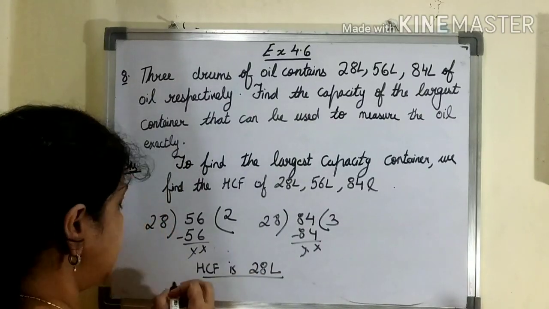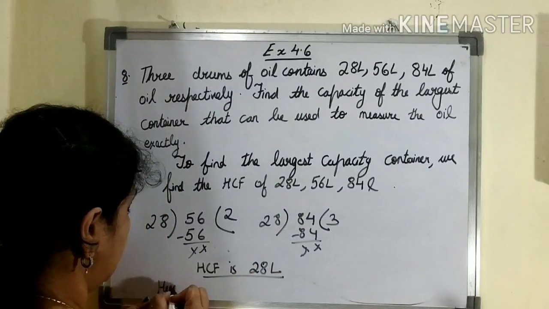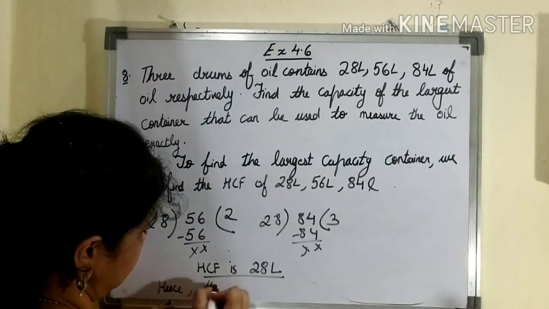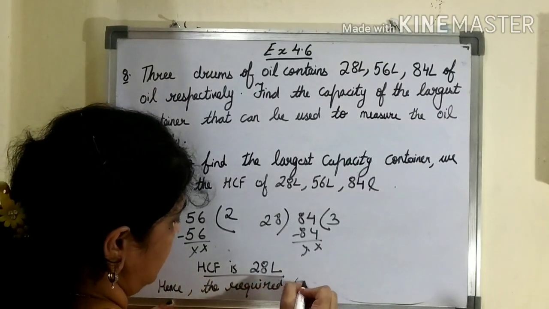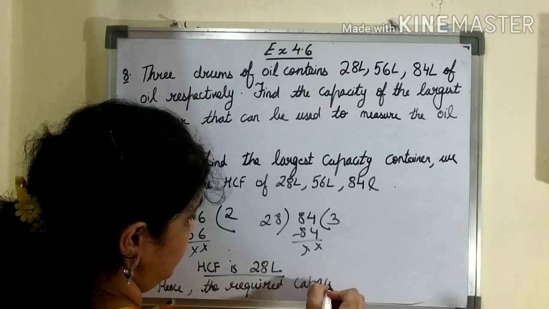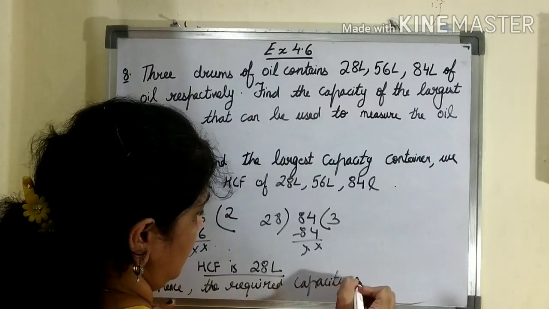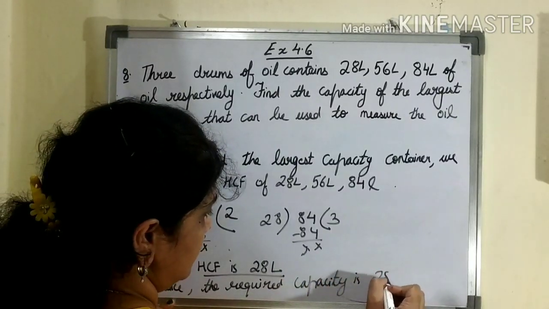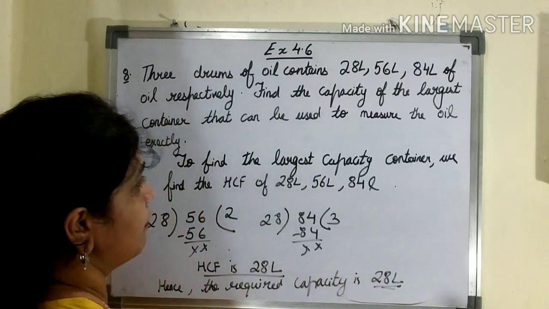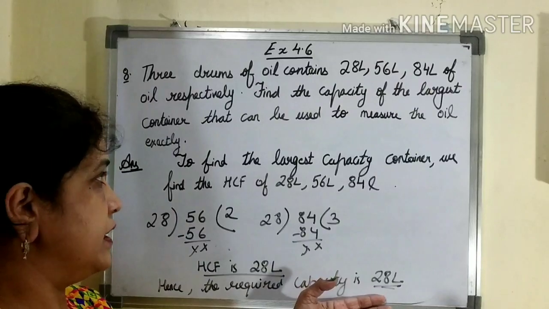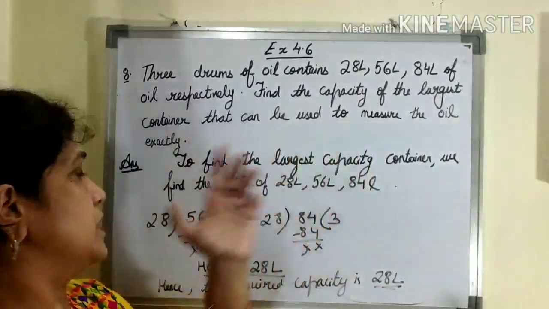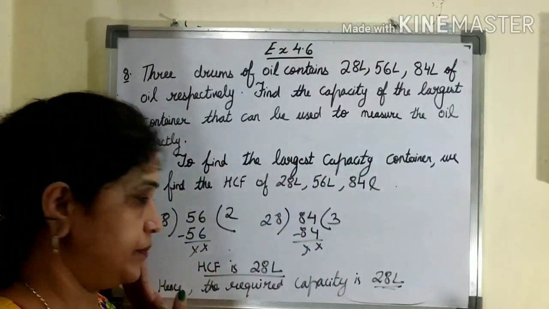Okay. Hence the required capacity is 28 liters. That means we require the maximum capacity of 28 liters so that it can be used to measure the oil exactly. Okay.